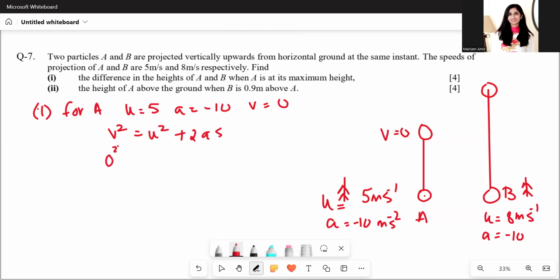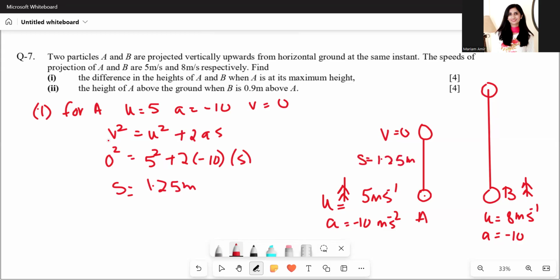So 0 square is equal to 5 square plus 2 times minus 10 times S, which gives S equals 1.25 meters. So this height is 1.25 meters.